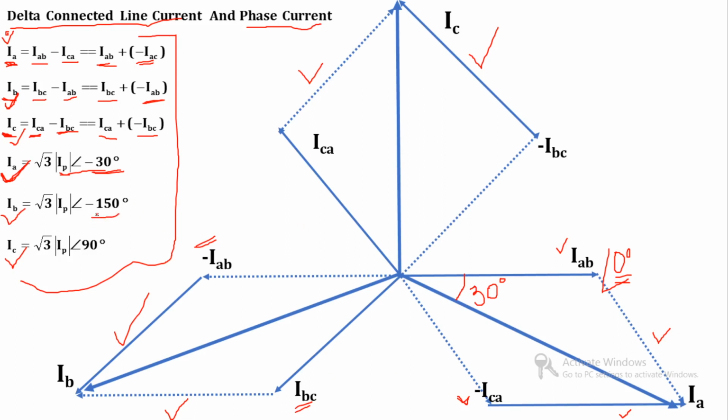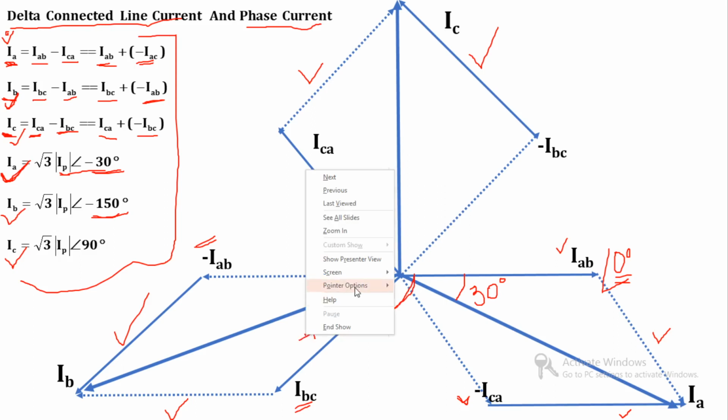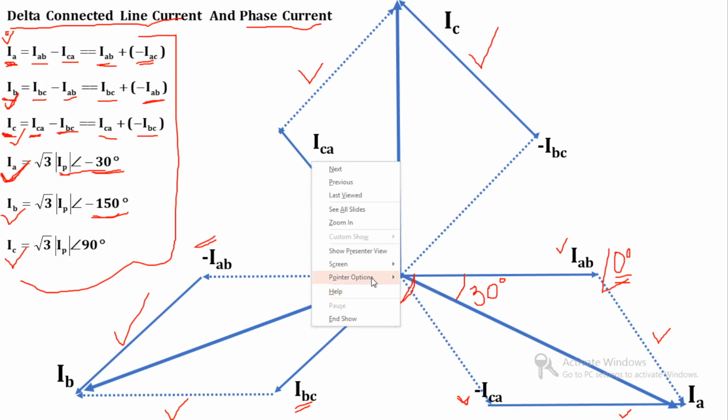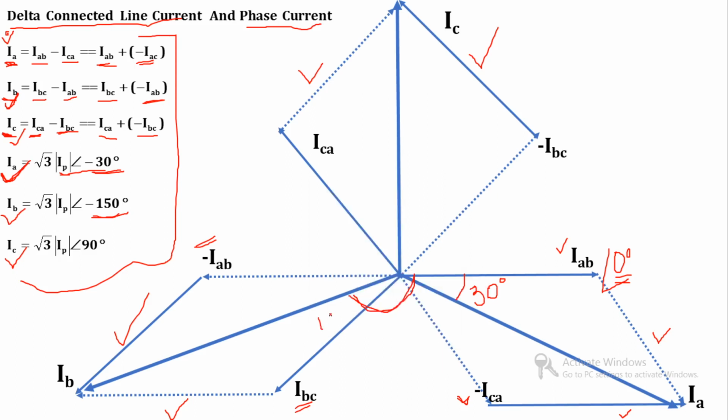Vector IB is at an angle of minus 150 degree. So this is IB at an angle of minus 150 degree.